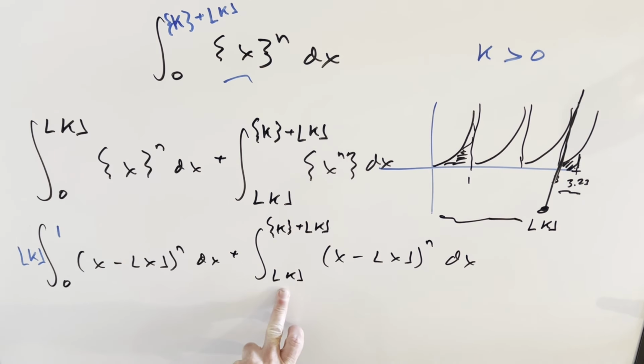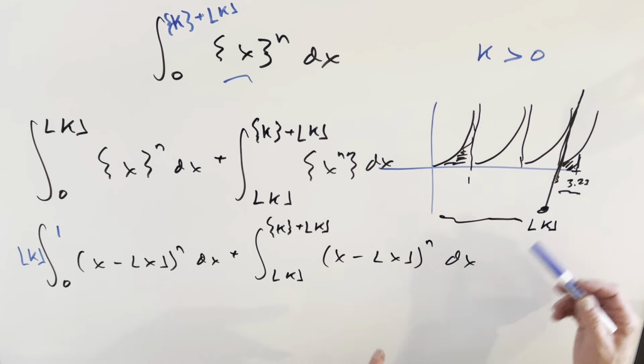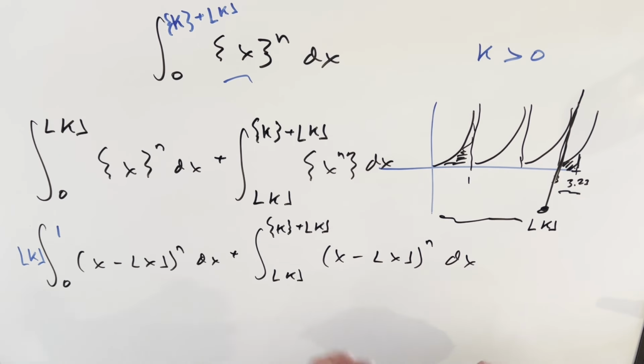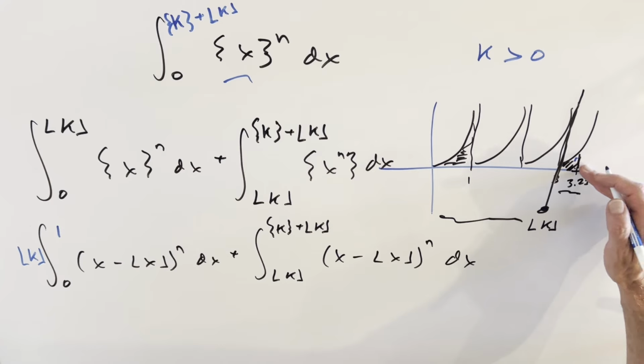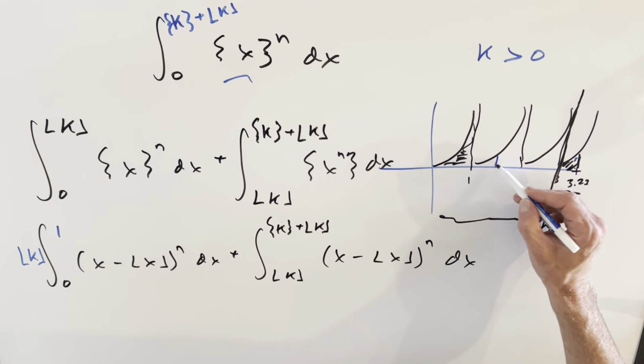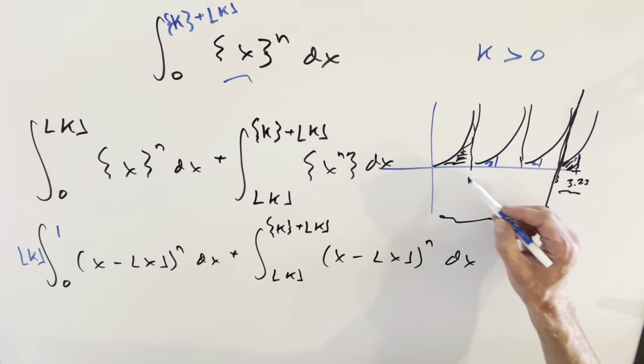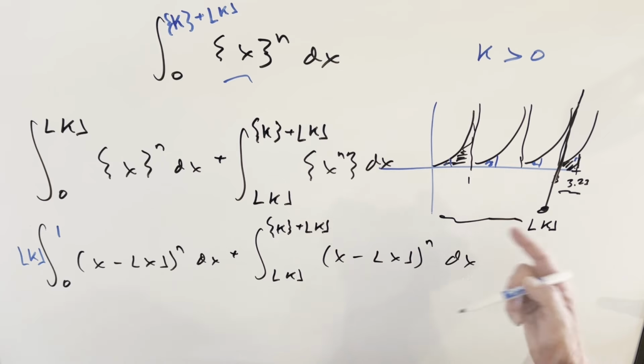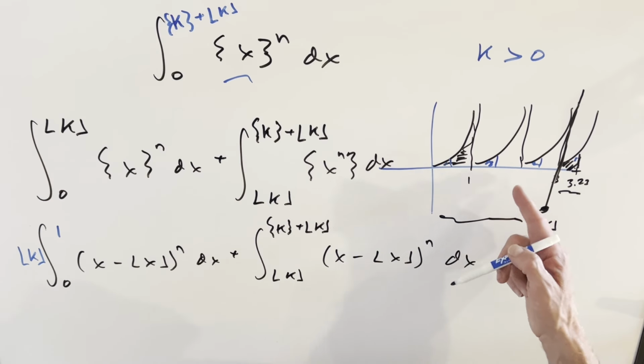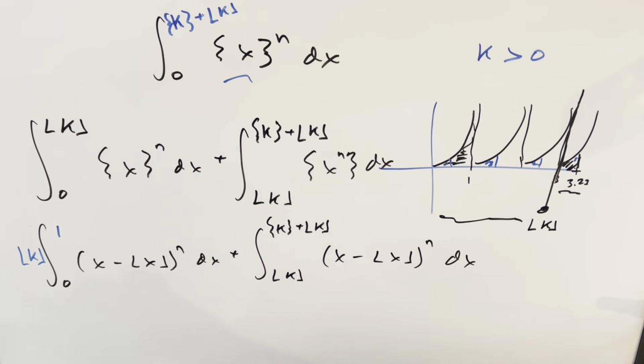And then on this second integral, we can do something kind of similar, because even though my graph isn't very good and it's kind of confusing, this piece right here is the same thing as this piece right here, and this piece right here, and this piece right here. It doesn't matter which of these intervals we evaluate it on, because it's going to be the same area for any of these.